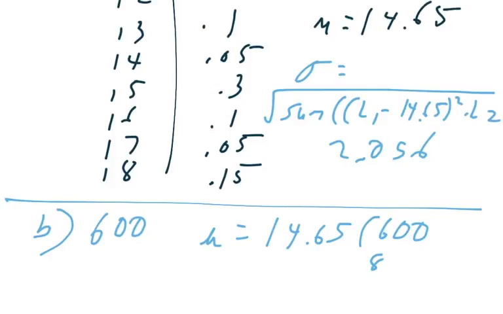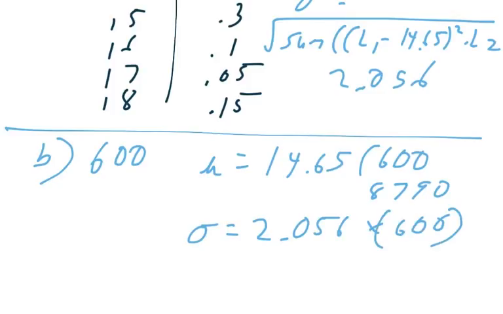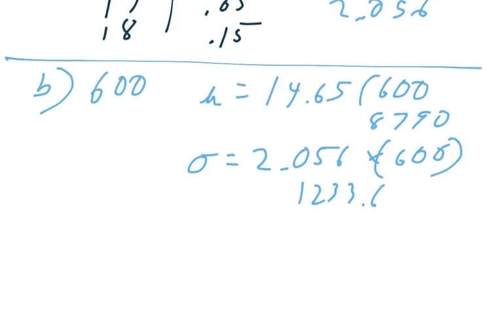And so on average, the tuition is $8,790. And then for the standard deviation, I take my 2.056, multiply that by 600, and my new standard deviation for the tuition payments is about $1,233.60, with a little bit of rounding error.